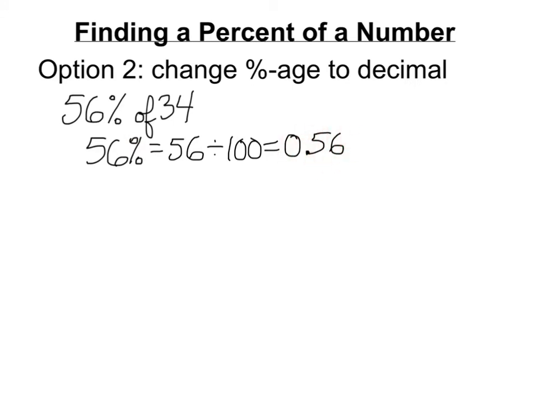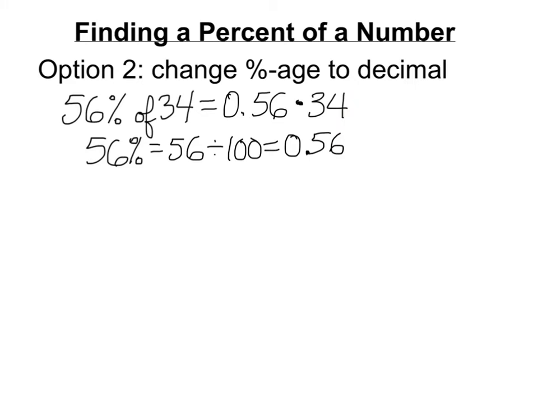So up here, we're going to rewrite this problem, but I'm going to replace 56% with what it's the same as. 0.56. "Of" means times, and I've got my 34 still. Well, do what that says. We've got our answer.